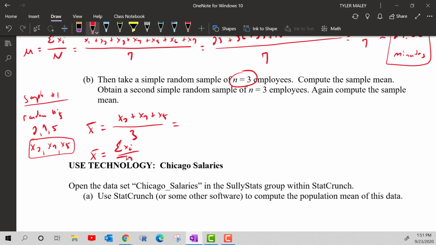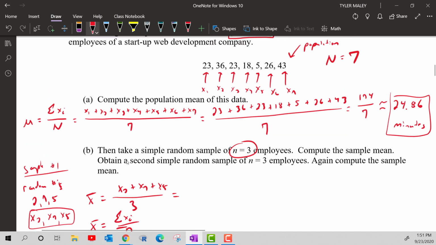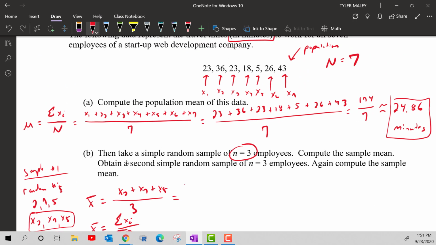So then now I just need to fill in those values. x sub 2 is 36, x sub 7 is 43, and then x sub 5 is 5, and then divide by 3, and then I can get that mean.